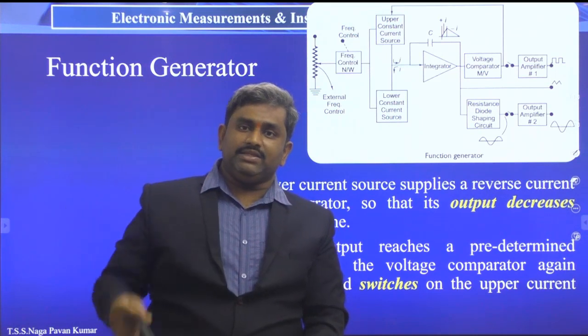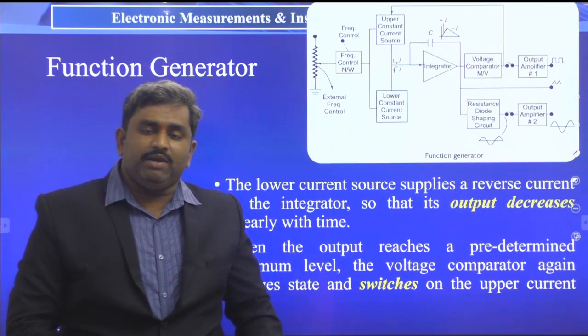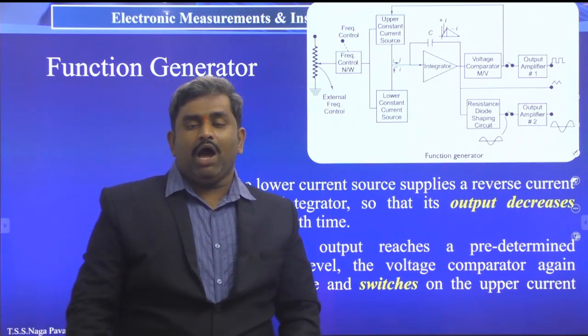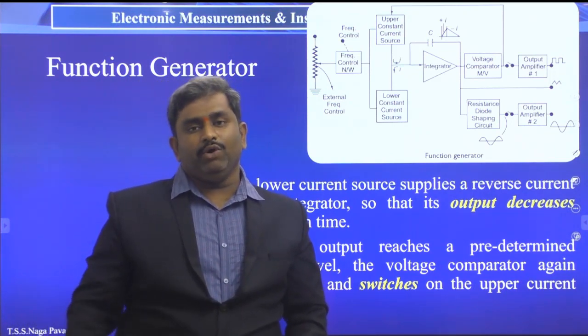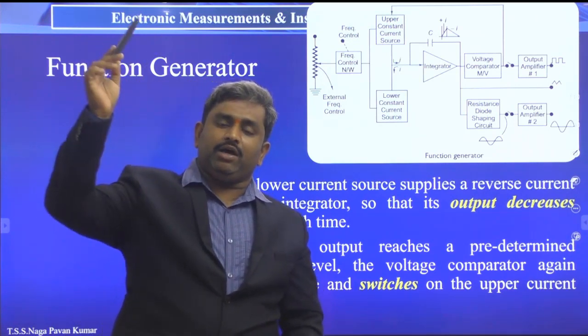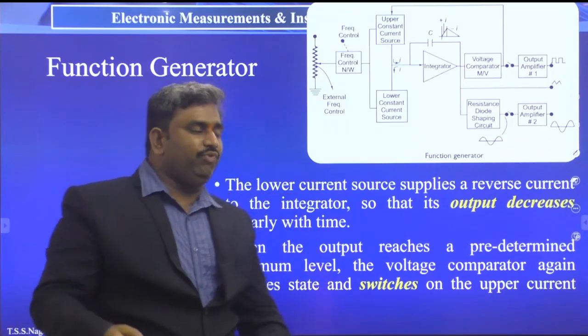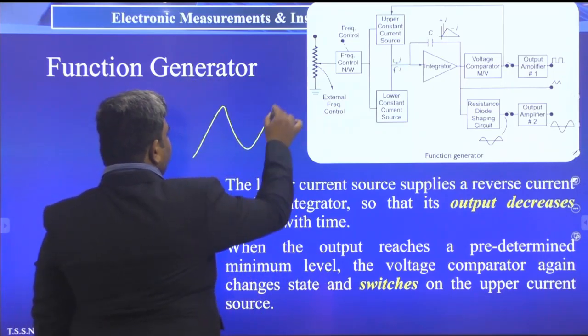When it reaches a predefined maximum level of the voltage, automatically it switches to the lower constant current source. Like that we will get a linearly increasing line and a linearly decreasing line, and thus a triangular wave signal.